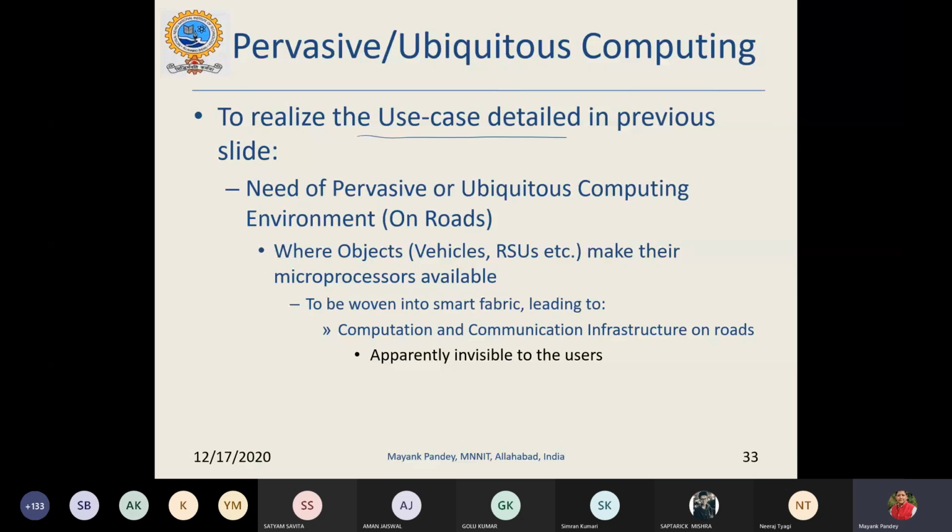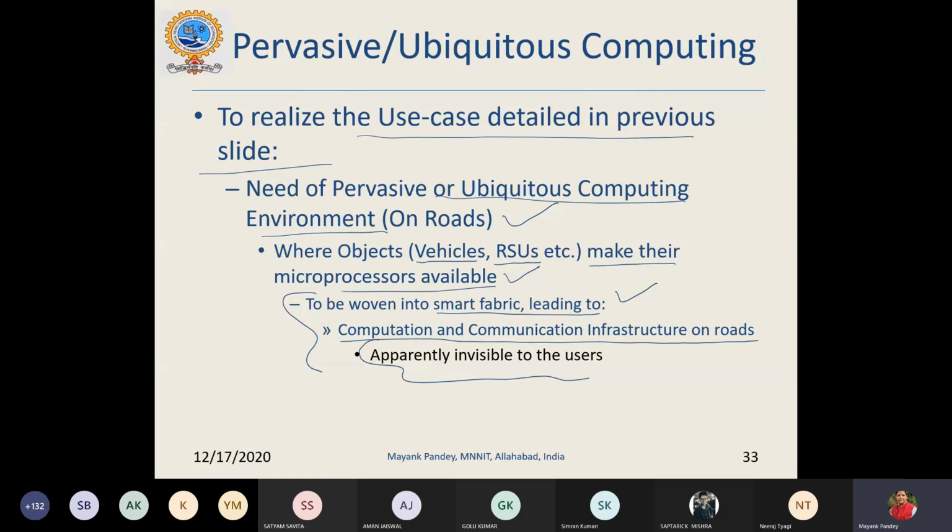To realize these types of use cases, we need a pervasive or ubiquitous computing environment on roads, where objects, vehicles, roadside units, etc., can make their microprocessors available. They can be woven into a smart fabric leading to a computation and communication infrastructure on road, which is apparently invisible to the users.